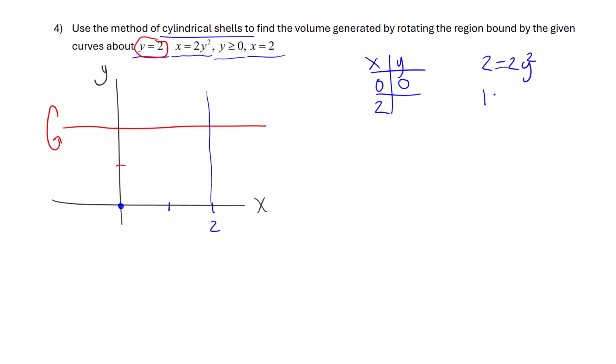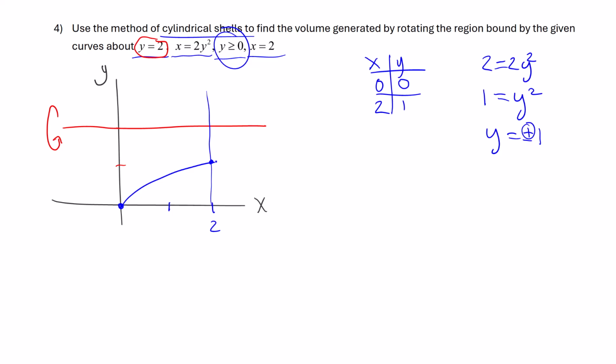Divided by 2 on both sides, we have 1 equals y squared, which means y equals plus or minus 1. However, remember, when we say y is greater than or equal to 0, that means we're only using the positive version of that. So that's helpful to know. So that means 2, 1 is another point, which we'll mark. And we know our parabola curves upward toward that. So we can graph this curved region.